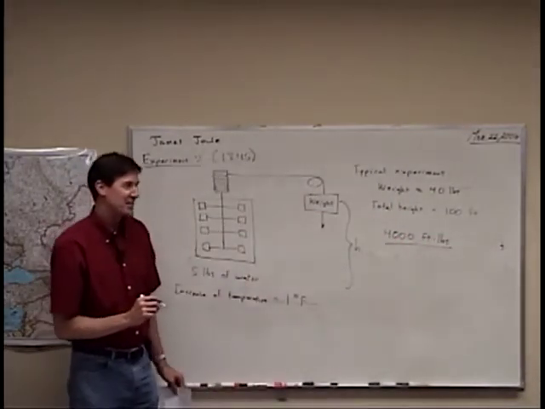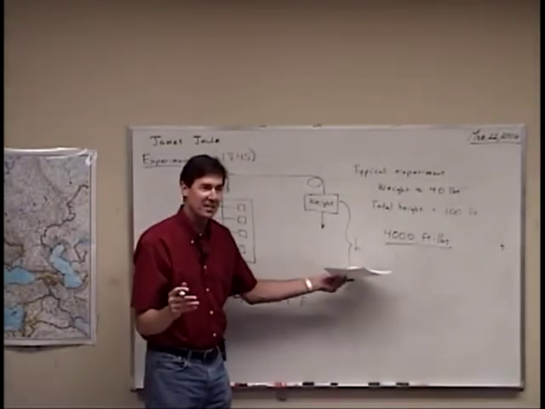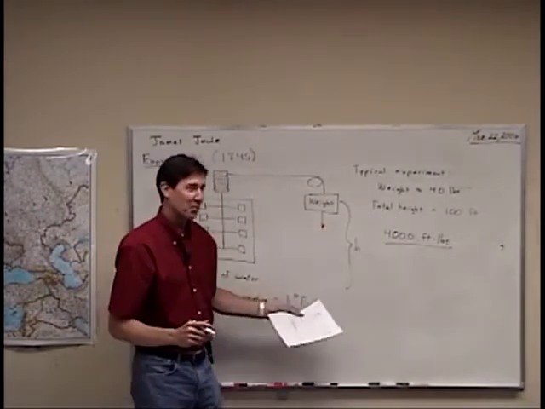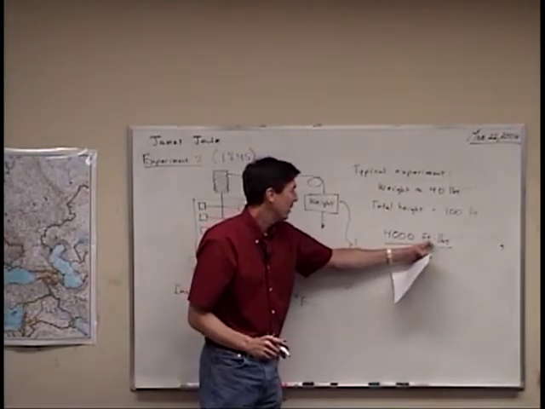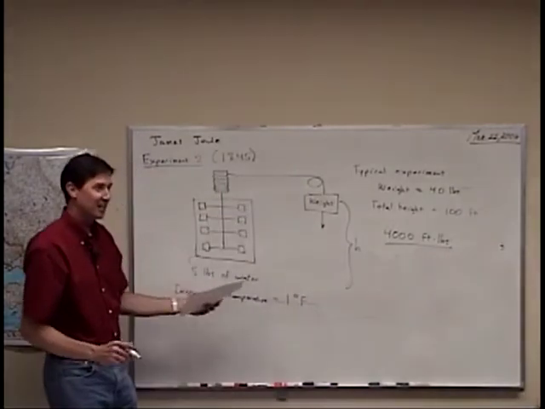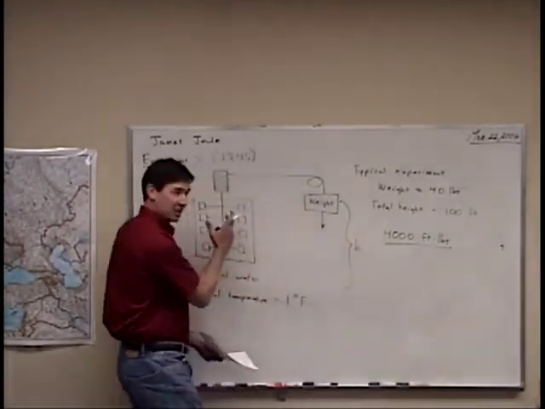The relevant quantity here is not the weight alone or the height alone, but the weight times the height, because that's capturing the quantity of motion that's being converted into heat.